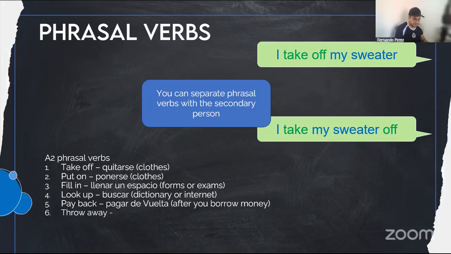Throw away. Tirar a la basura, or deshacerse de. Call off, cancelar, like a meeting or an appointment.